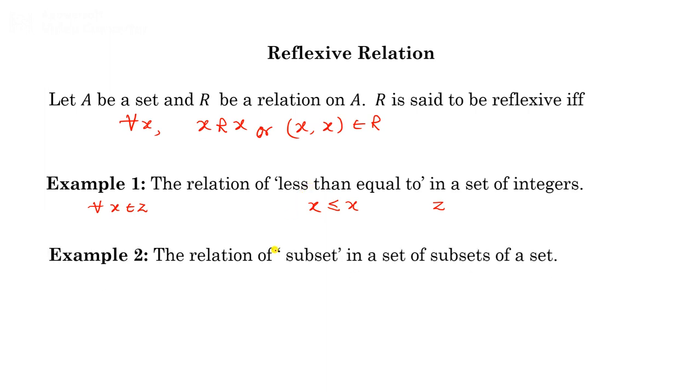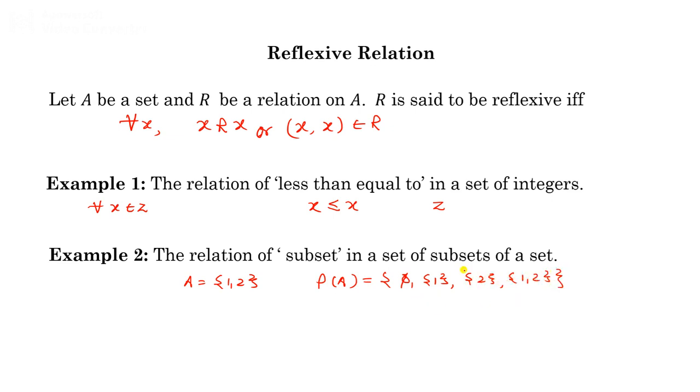Another example, the relation of subset in a set of subsets of a set. Suppose, for example, A equal to {1, 2}. If we write all the subsets of A, better to write the power set of A, which is the set of all the subsets of A: the empty set, {1}, {2} and finally {1, 2}.